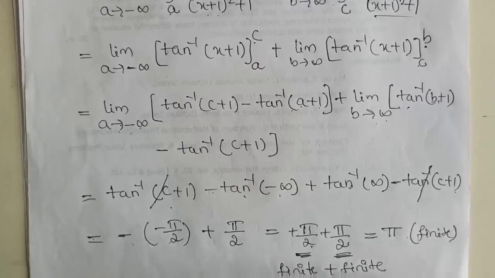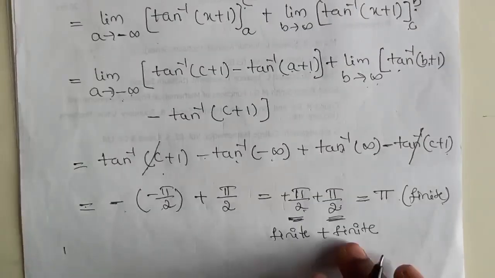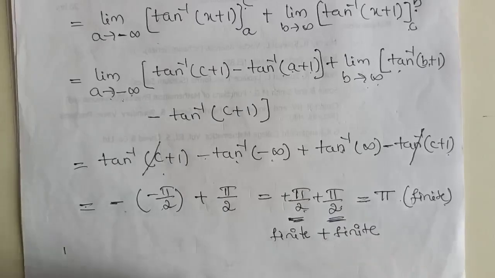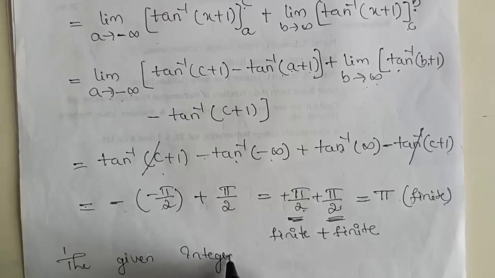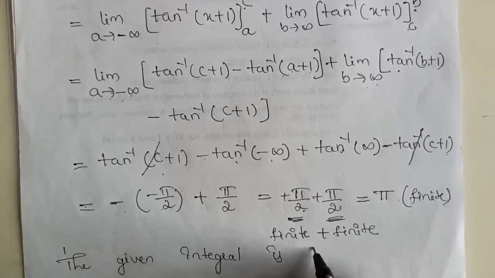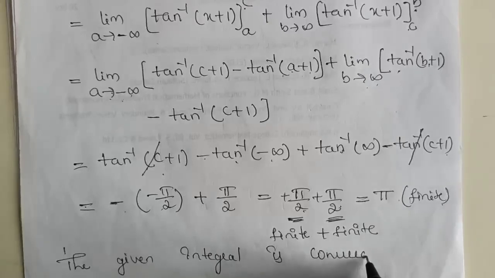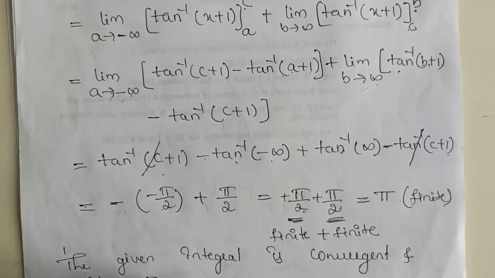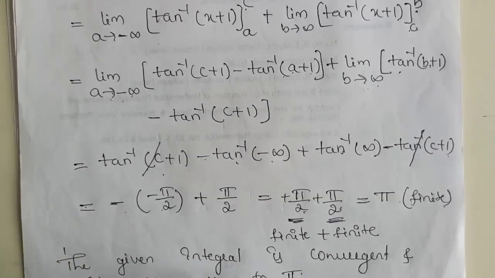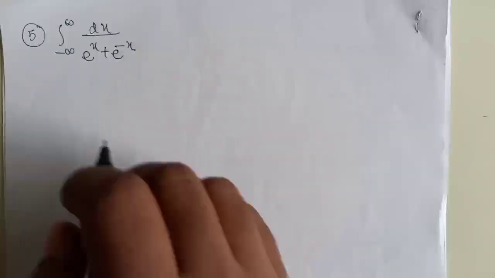So both the limits exist finitely, therefore we can say that the given integral is convergent and it converges to the value pi.